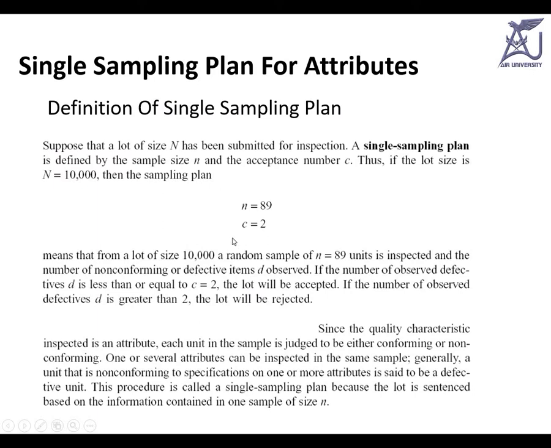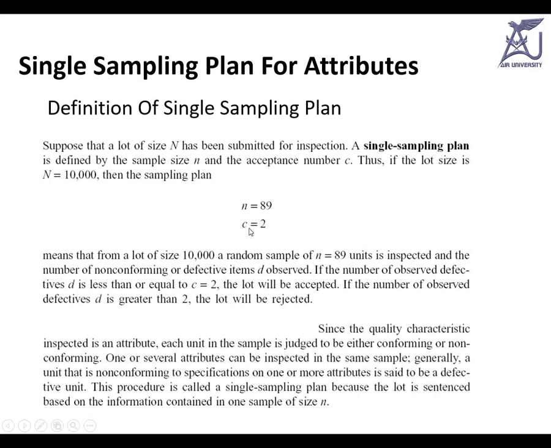Okay, coming to the single sampling plan, how is it applied to the situation? This sampling is based on a single sampling plan. That means you have to take only one sample, and you have a lot of size N which has been submitted for inspection. A single sampling plan is defined by a sample number and an acceptance number.